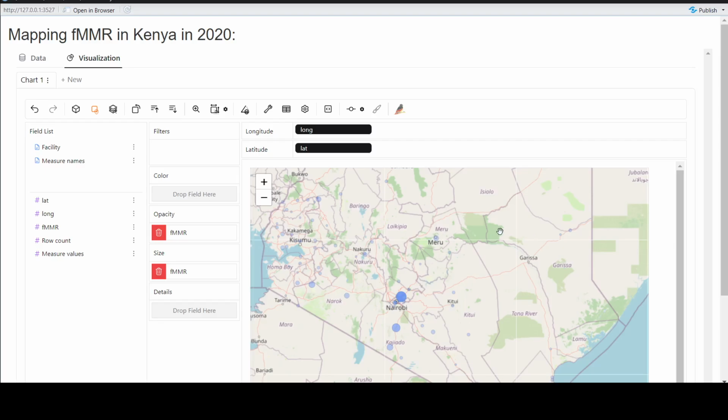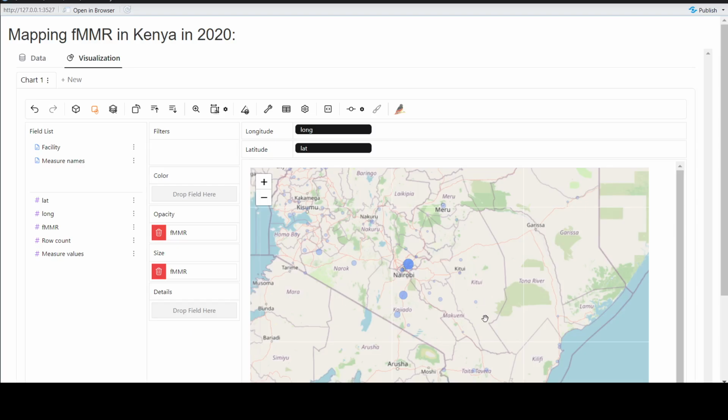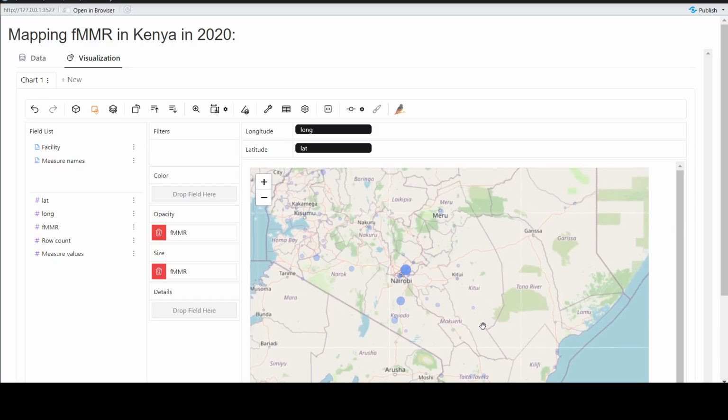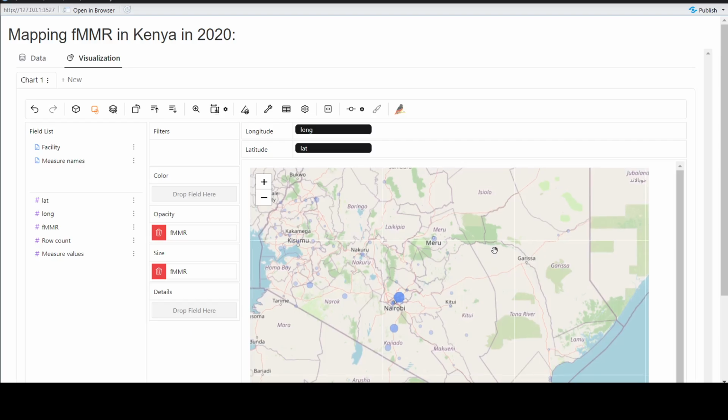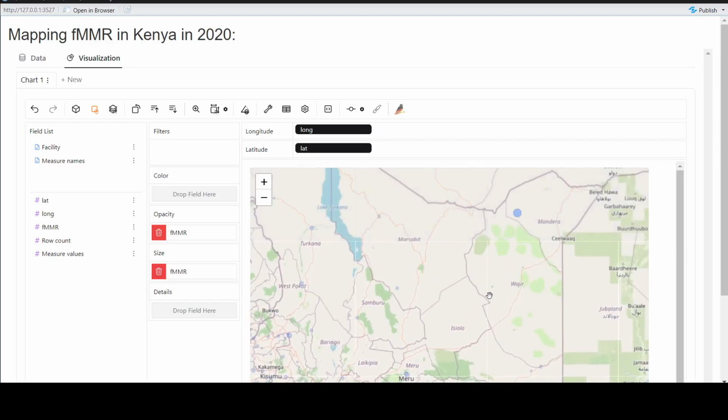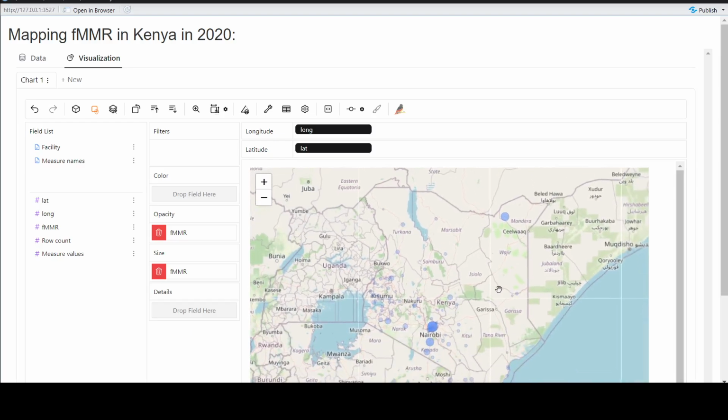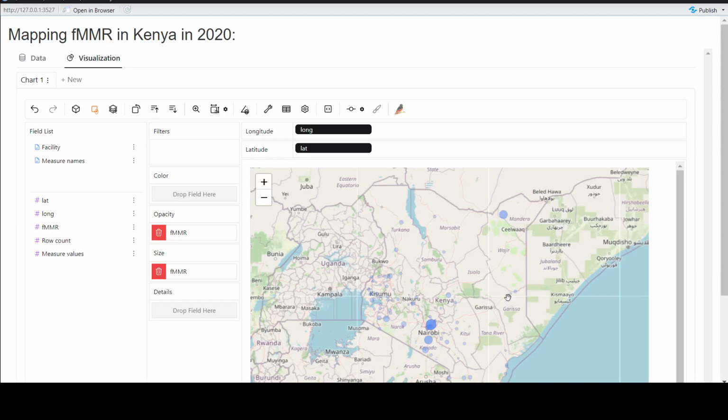Of course, there's a high population of people in Nairobi, and it's expected that probably more deaths will occur where there's a high population of people. But in the northeastern, the population is very sparse.